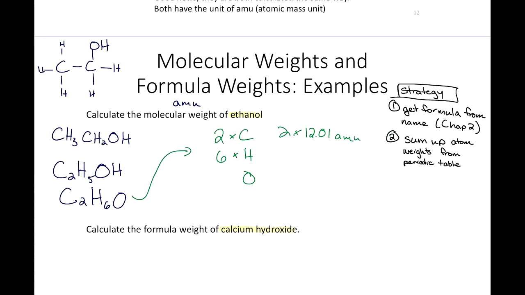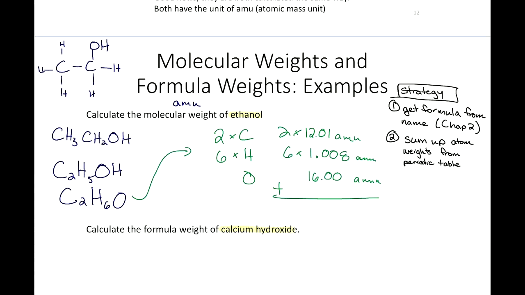Hydrogen, if you look off the periodic table, is 1.008 AMU, but there are 6 of them. And then oxygen is 16.00 AMU, and there's 1 of them. And so we want to add all of these up. So this operation is all addition. Yes, I know I did 2 times 12.01, but you could also think of that as 12.01 plus 12.01, or 1.008 six times. So it's actually all addition.